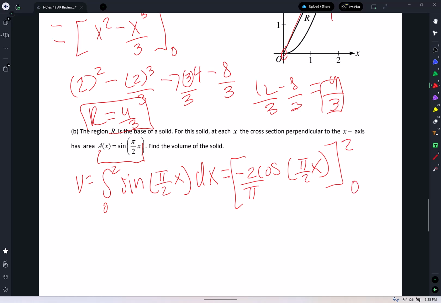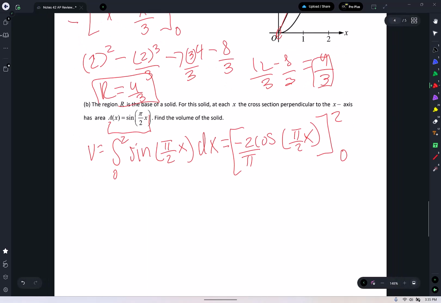We don't have to do 0, so we're just going to do... You do have to do 0. Oh, dang it. Yeah, okay. We have to do 0. We could factor this out since it's kind of like a constant. Negative 2 over pi times cosine of pi.